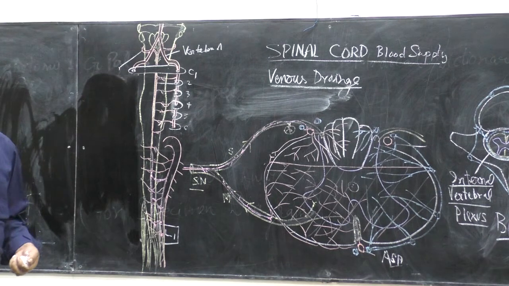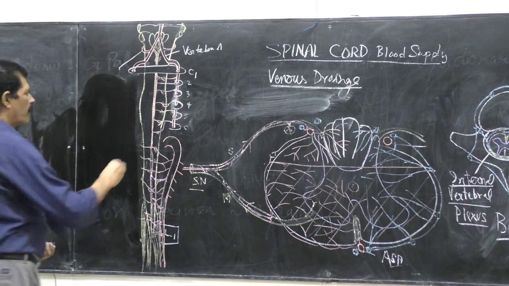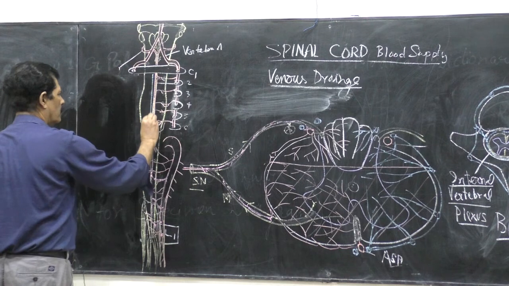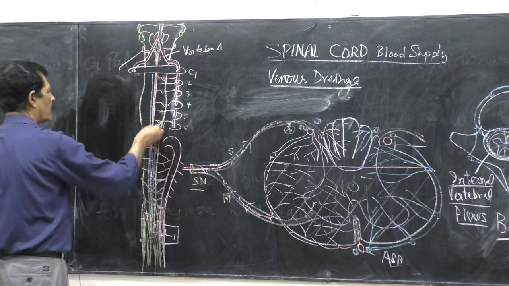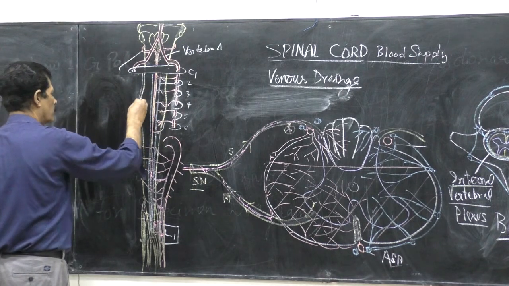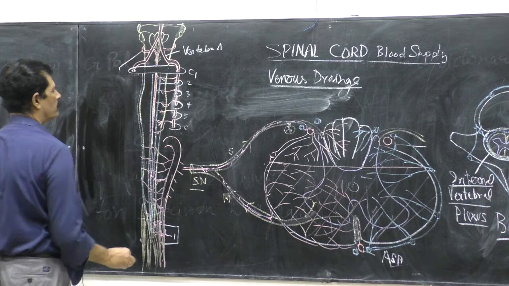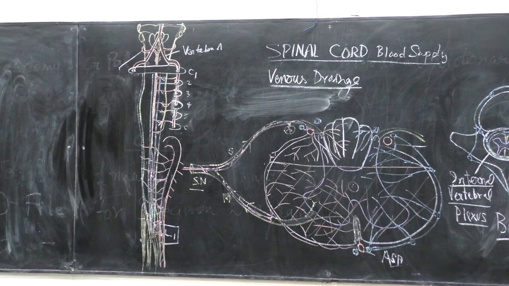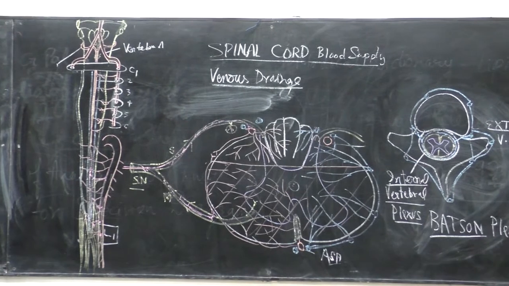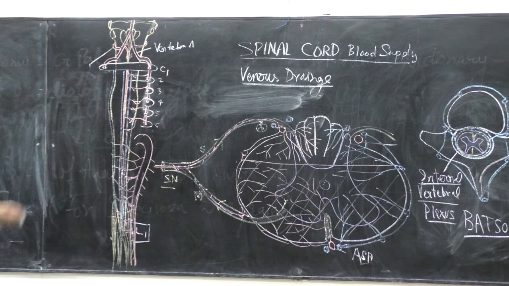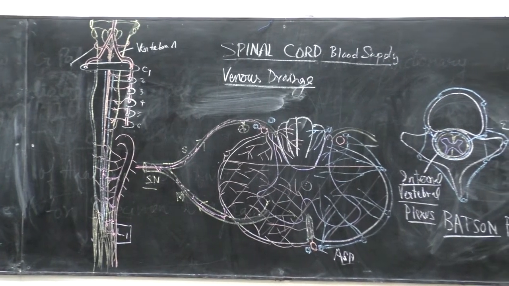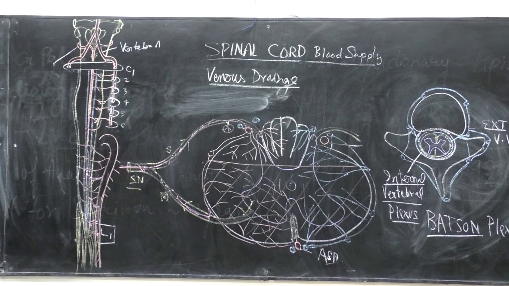And these veins drain the venous blood from below upward. So they are going upward, and where the vertebra ends, we know what starts there, the skull.